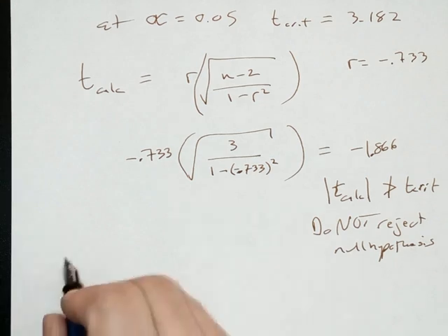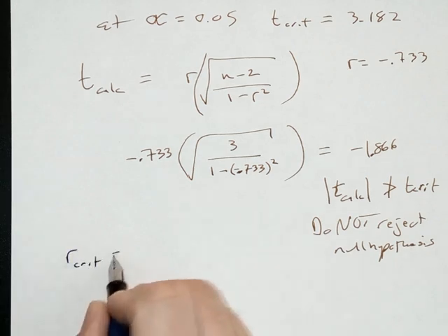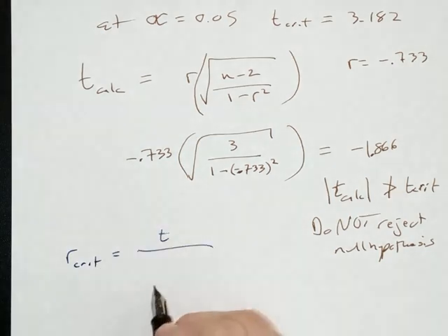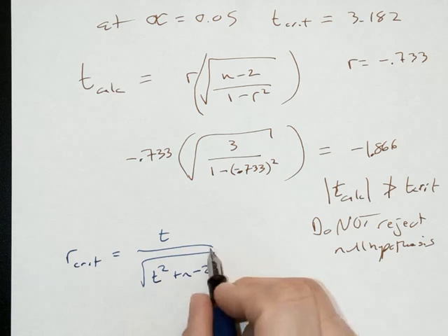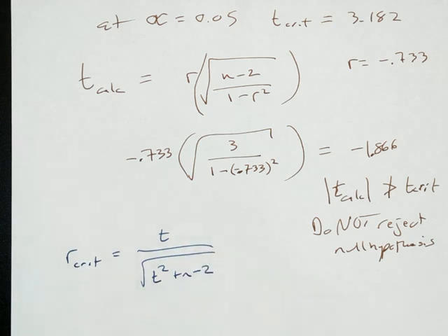R crit equals t over the square root of t squared plus n minus 2. I will say with a completely straight face, I've never used that formula, ever. In all the correlative analysis I've done, never used it.